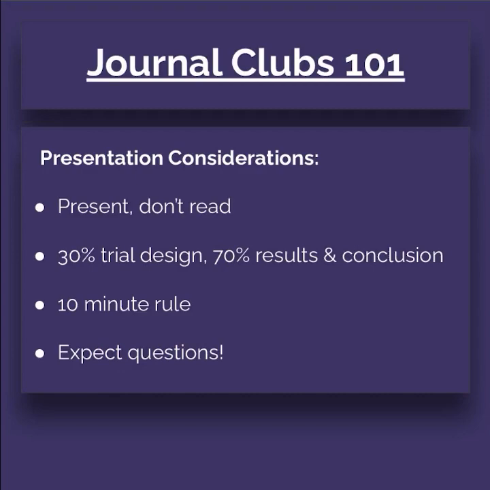You can still list more criteria on the actual journal club paper or slide, but don't feel compelled to read off each individual bullet. And third, the 10-minute rule requires some rehearsal to make sure you're within that limit. If not, make some revisions, cut out the excess information, and repeat until you feel comfortable. Plus, the added practice makes for an overall better presentation.